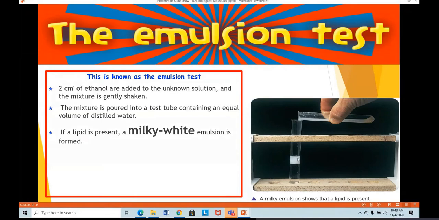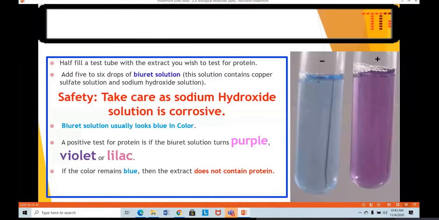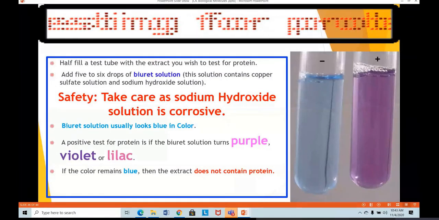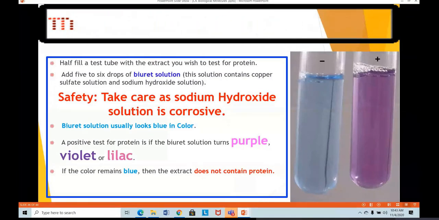When you see this milky white emulsion being formed, it proves that this particular oil or anything you're using contains lipid. This is how you test. The test is known as an emulsion test, which is conducted in order to check the presence of lipids or fats in food.